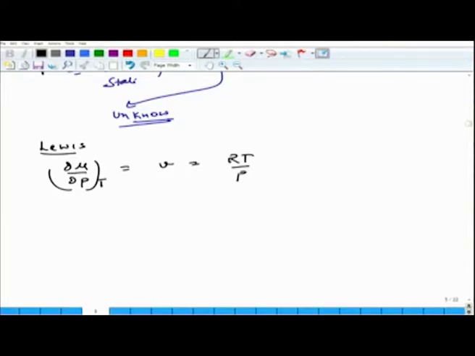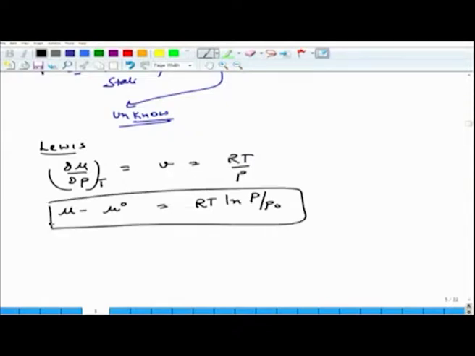If you integrate this, you get μ minus μ0 equal to RT ln(P/P0). So, you can relate the chemical potential difference to the changes in pressure in a logarithmic form.